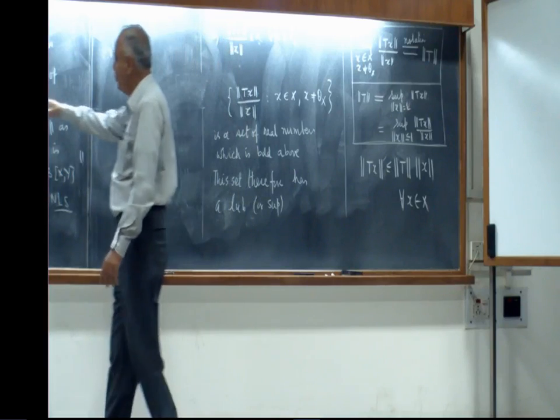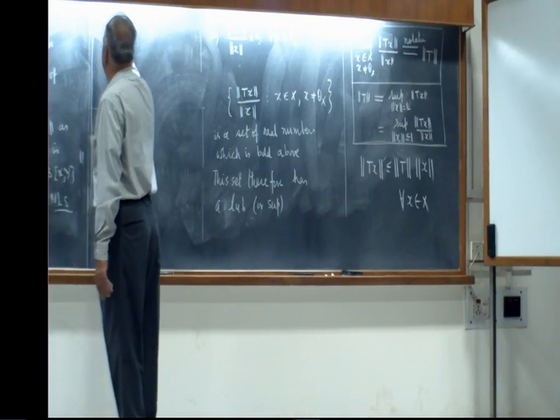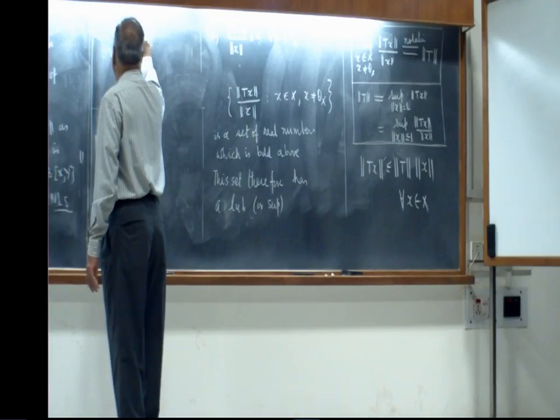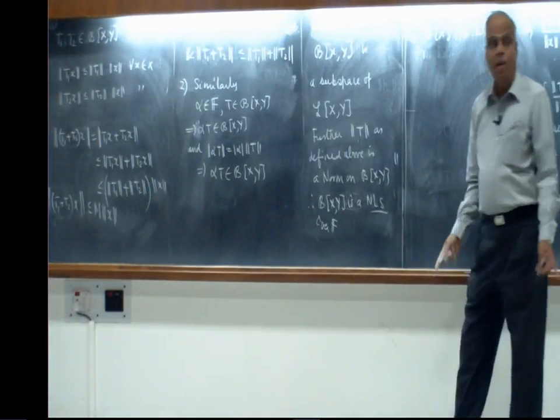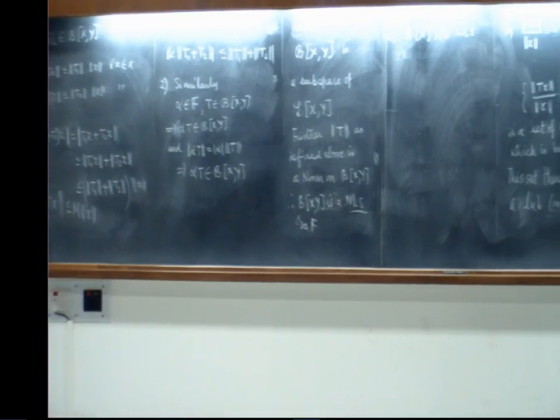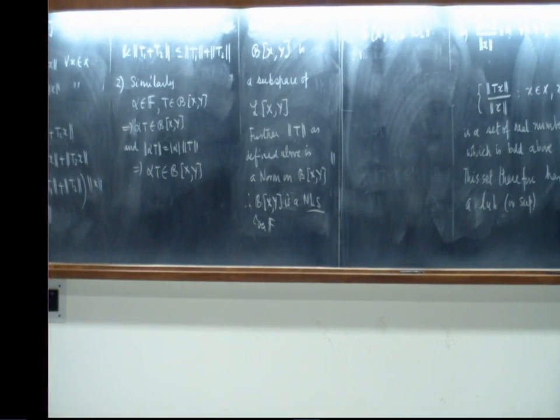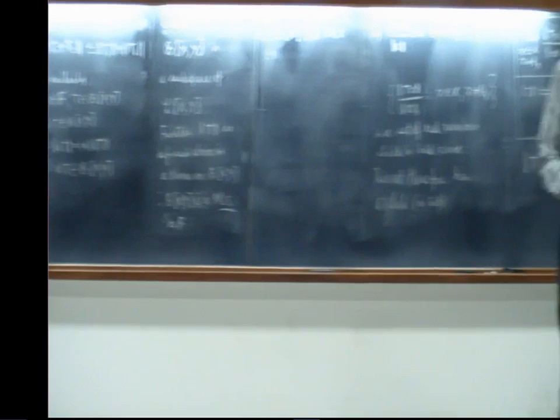In particular, if I take x equal to y, Bx therefore is a normed linear space, and Bx also has a product, right?